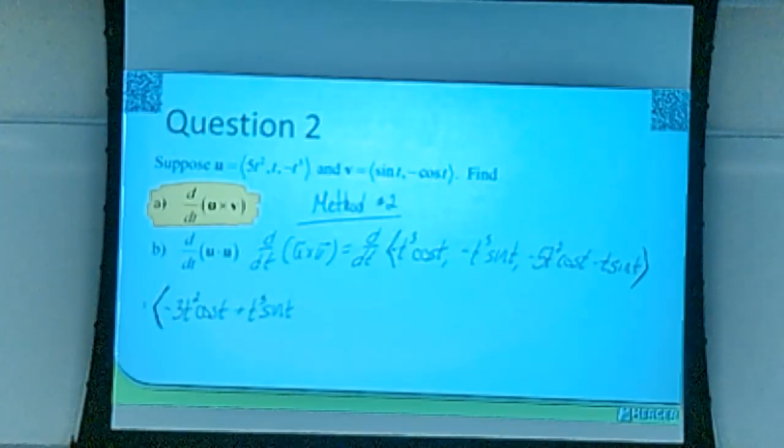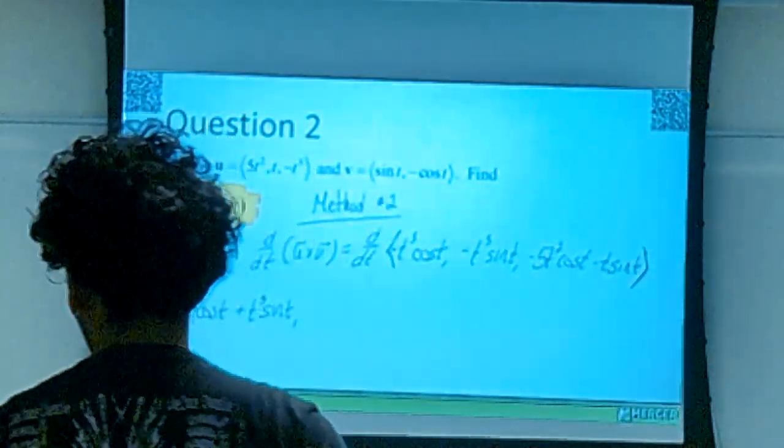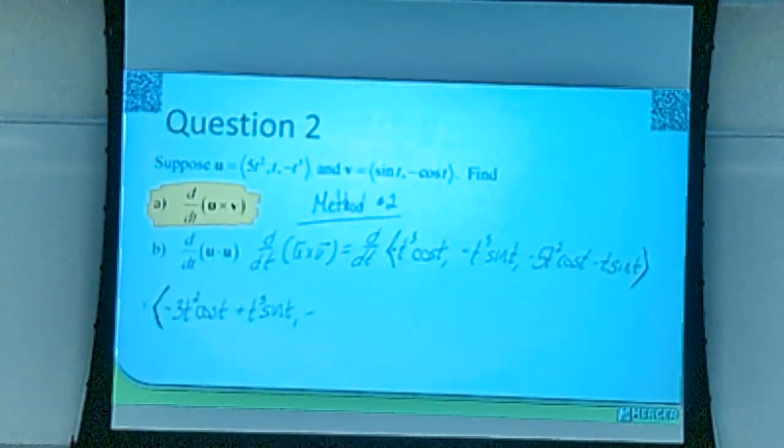Right? That second component is also a product. That third component, first is going to be a sum rule, but each of the sum rules involves a product. Oh joy.